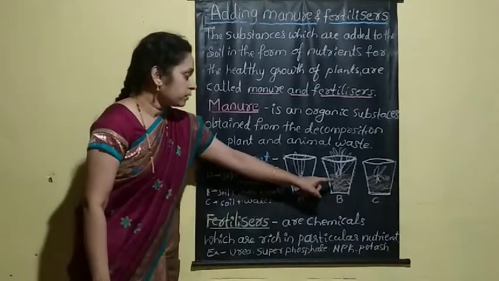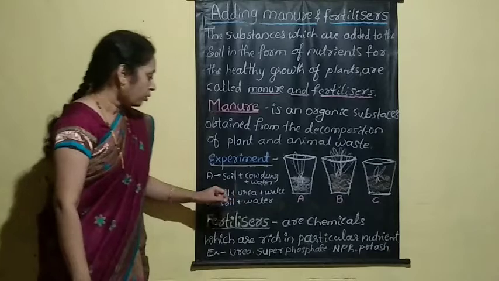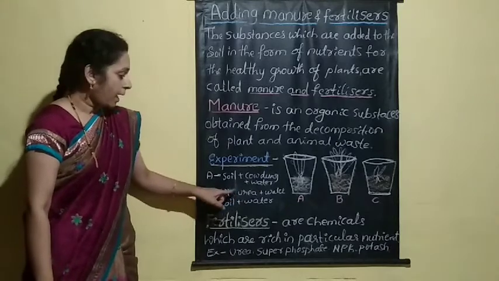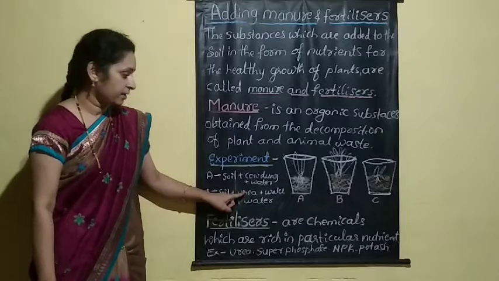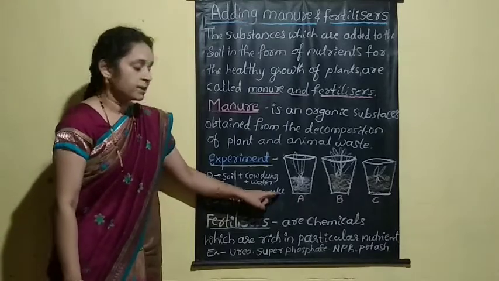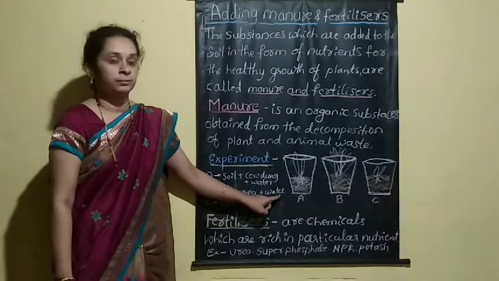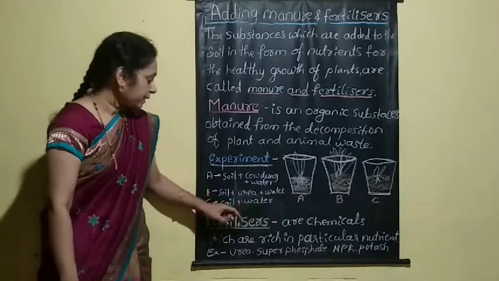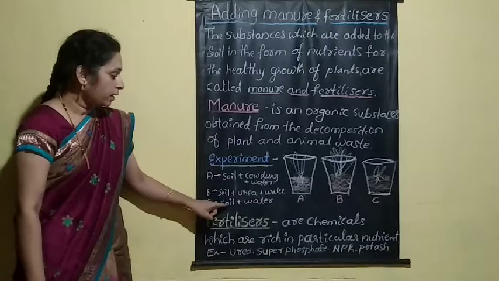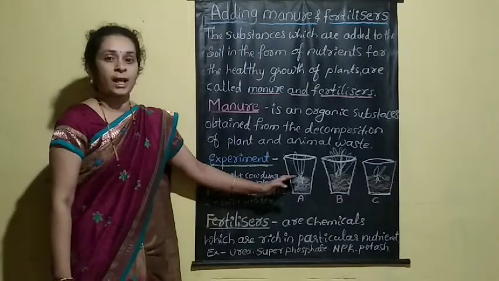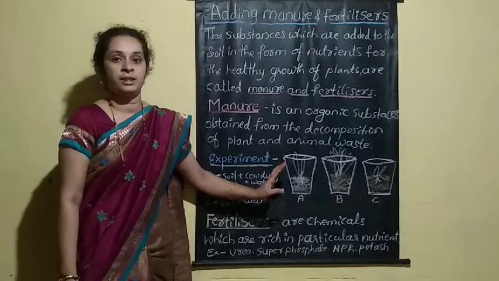Next, for glass B, you add the same amount of soil and a little amount of urea. It is a fertilizer, and you add the same amount of water. Next, for glass C, you add soil and water. You are not adding any other materials.